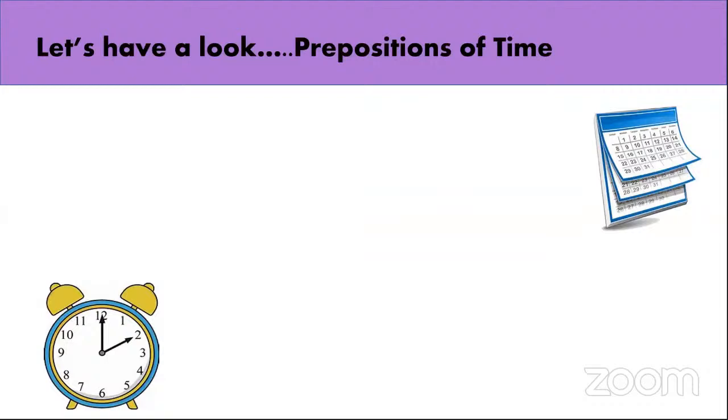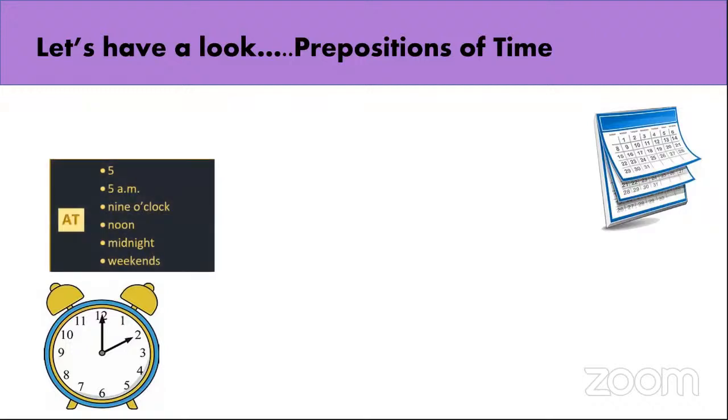Okay, let's move on to another important part here. That is prepositions of time. Prepositions of place, of course, you might have learned by now. What are these prepositions of time? At is the first one I have taken here. At.